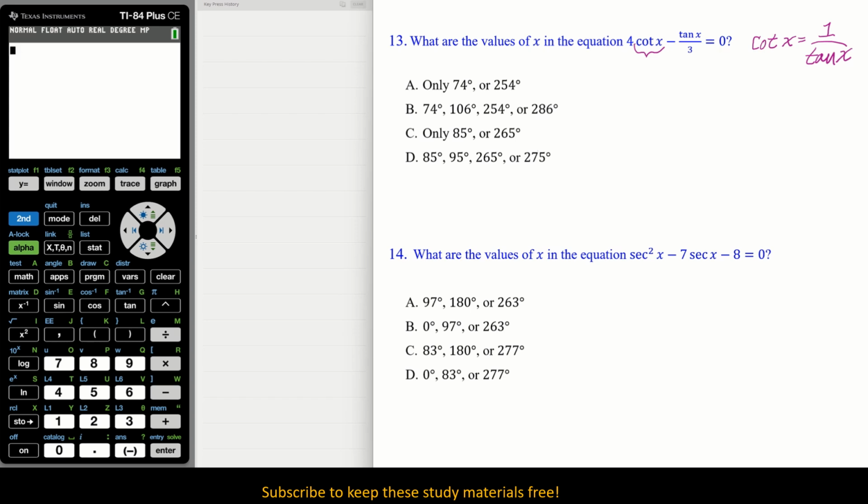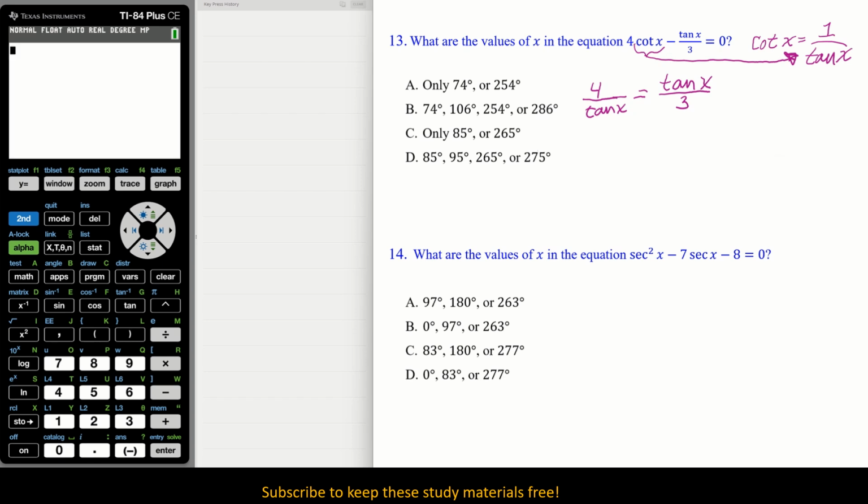Actually, I can say 4 over tangent x because we're replacing this with this. All right, so 4 over tangent x is actually equal to tangent x over 3. So then what do we need to do?